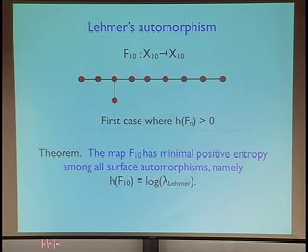And it acts on the cohomology with characteristic polynomial equal to Lehmer's polynomial. And this is an automorphism of infinite order. It turns out to have positive entropy, which means the dynamics is rather chaotic. And the entropy is measured by the log of the leading eigenvalue of the action on cohomology, which is simply the log of Lehmer's number.